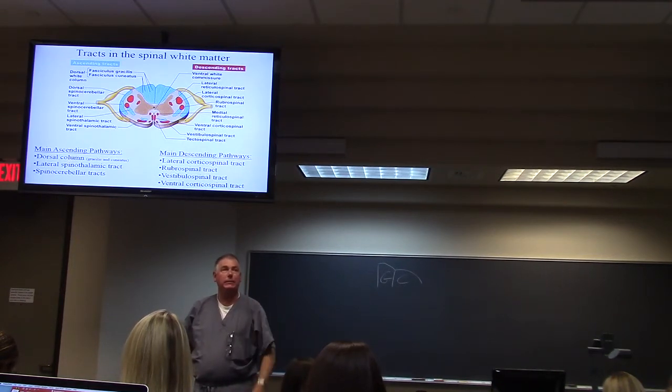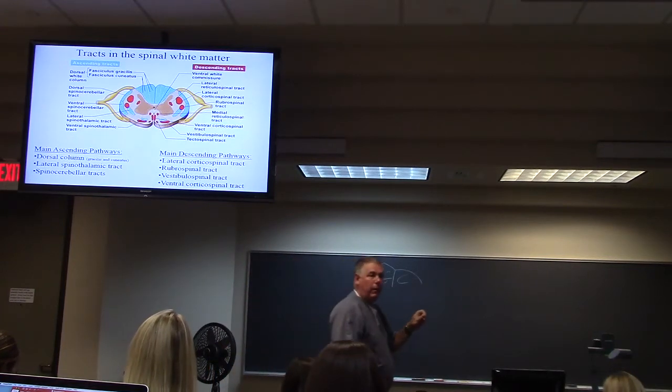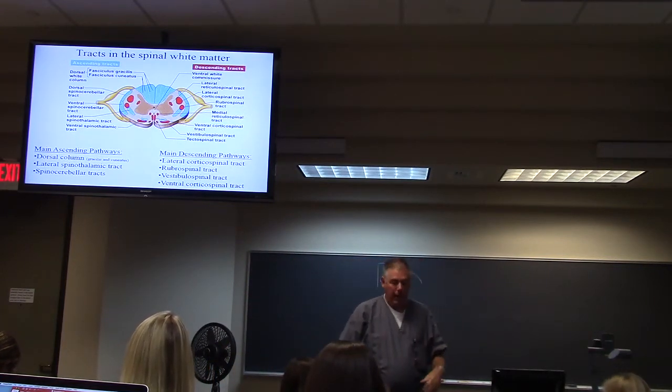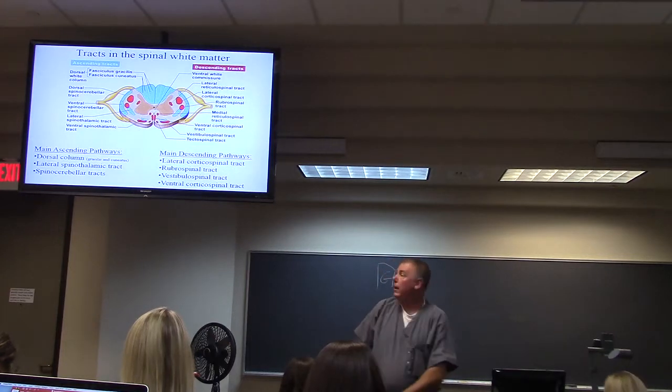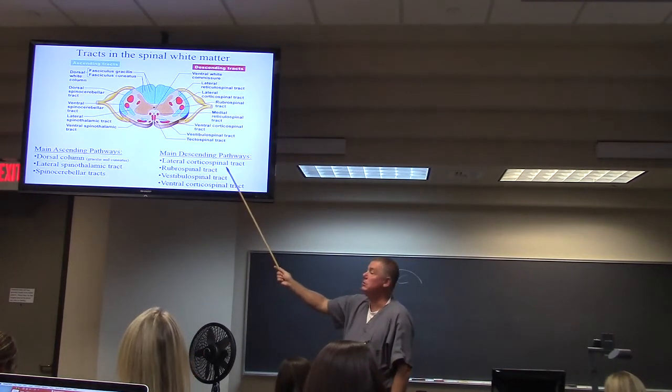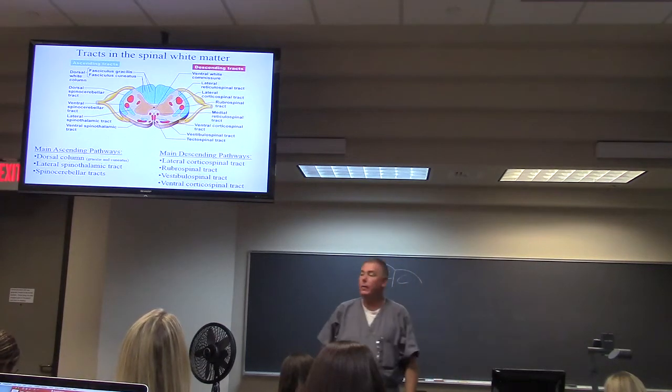On the descending side, the predominant fiber tract for volitional movement, I want to pick up that telephone, your ability to execute that movement is carried over the corticospinal tract. Cortico, cortex to the spinal cord.